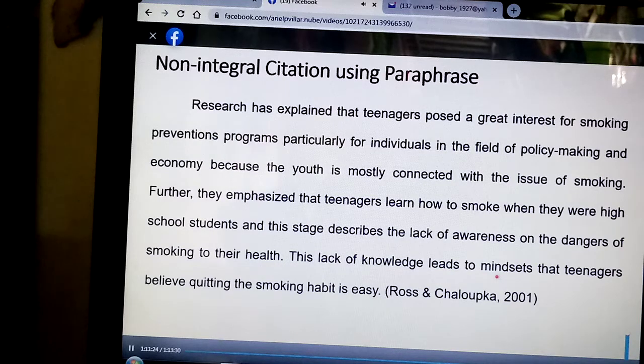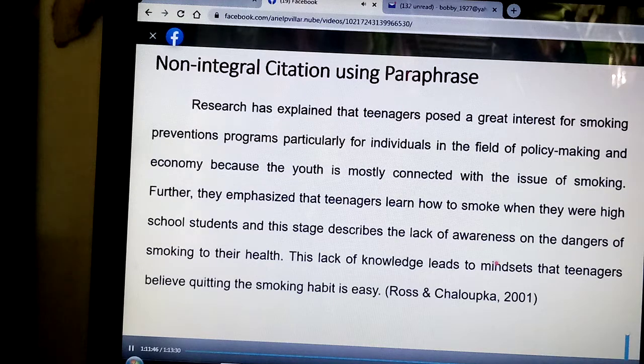And don't forget po, with regard to related studies, as much as possible, huwag kayong bababa sa 2010, okay? Within 2020 po kasi ngayon, dapat pinakabababa nyo na po yung 2010. Maghanap po kayo ng RRL or RRS na within 2010 pataas po, okay?